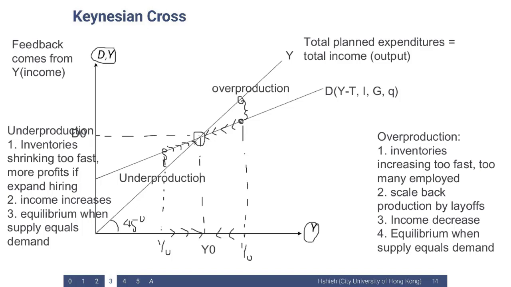Income decreases. Equilibrium when output equals demand, right? Supply equals demand.